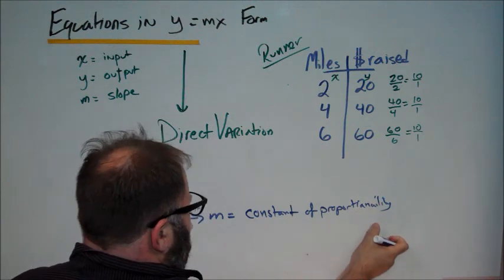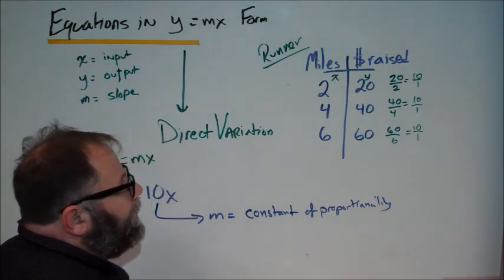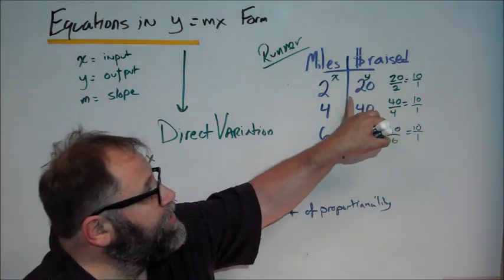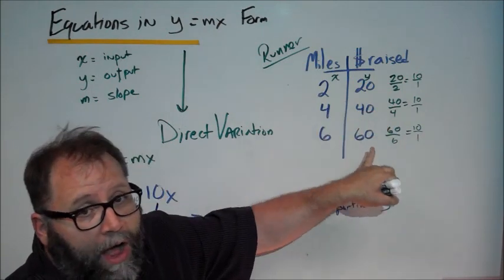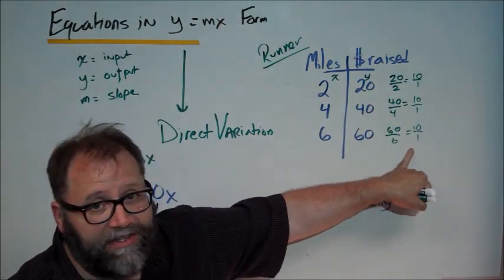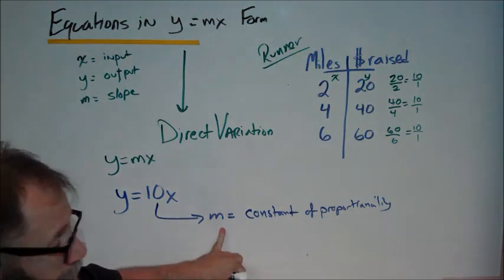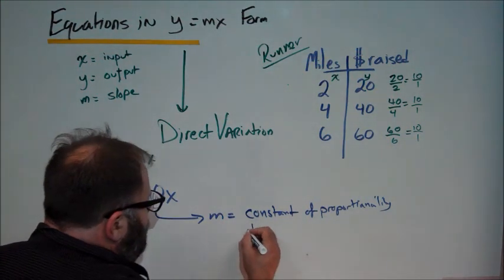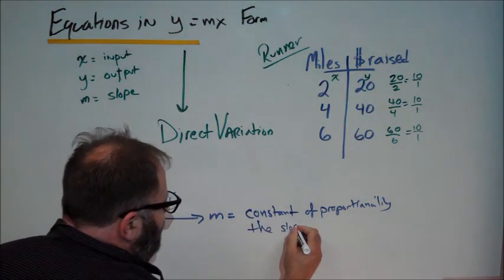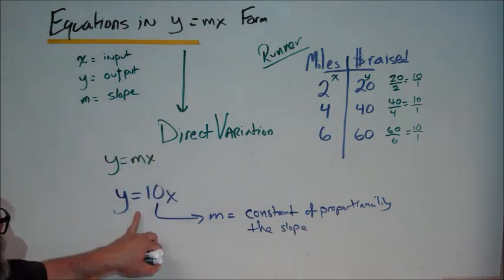That's just saying that each ratio of y over x is exactly the same, and it says m. It is also the slope of the equation.